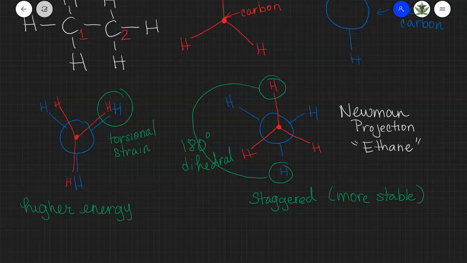We call this conformation eclipsed, because the atoms are so close together that the dihedral angle is 0 degrees. Now the eclipsed compared to the staggered is the least stable. So again, both of these structures are Newman projections. One is staggered and the other is eclipsed.